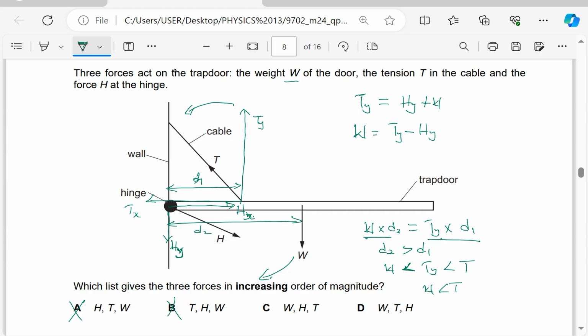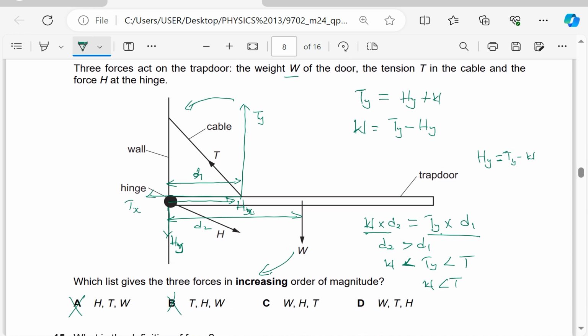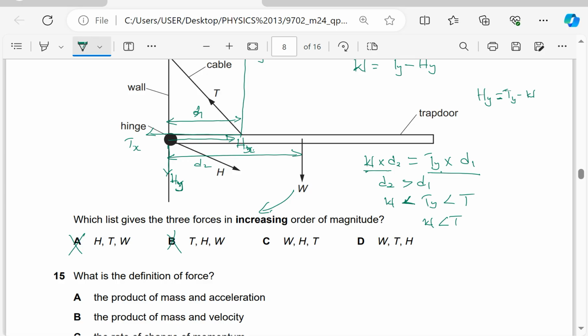If I make Hy the subject, I will say Hy equals Ty minus W. Remember, W is already less than Ty, so it means W is going to be less than Hy. So the answer here is automatically C. W is the smallest, followed by H, then the largest is going to be T.